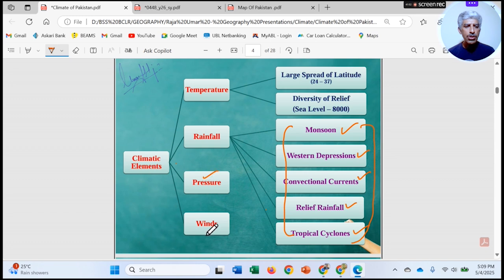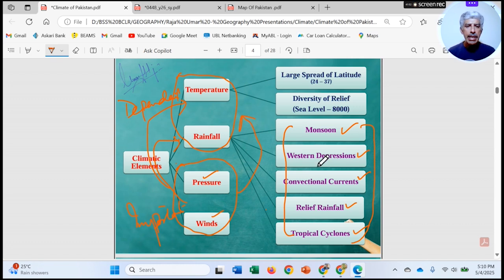And then pressures and winds. These two are what rainfall and temperature depend upon. They bring changes in rainfall and they bring changes in the temperature. So it means that these two factors are very important and they are the real factors behind these two.